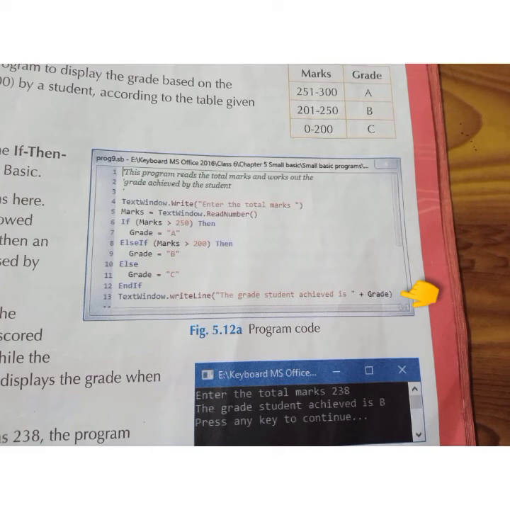How did I get the B grade? Because I entered 238. Look at the program code: the first condition requires marks greater than 250. 238 is not greater than 250, so I didn't get the grade A. Then it checks the other condition. After ElseIf, marks should be greater than 200.